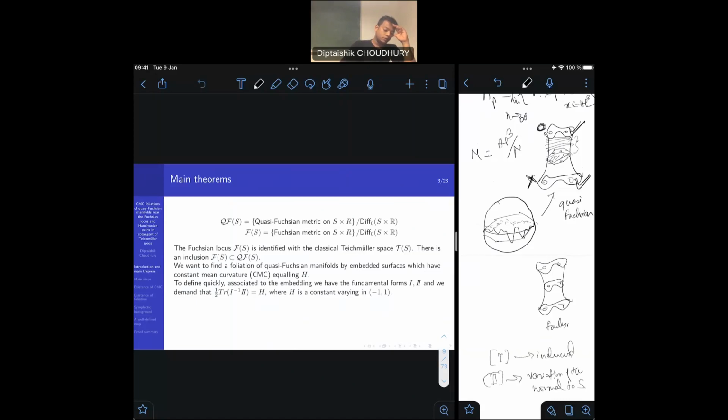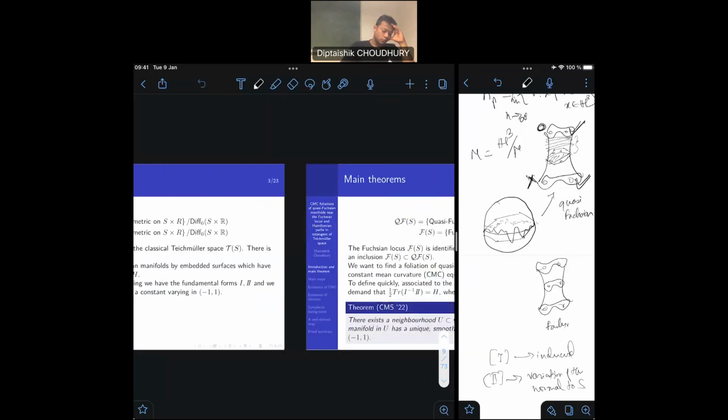Given these two tensors, you can define the shape operator, which is essentially I inverse II, and you want the trace of the shape operator to be constant on the surface.